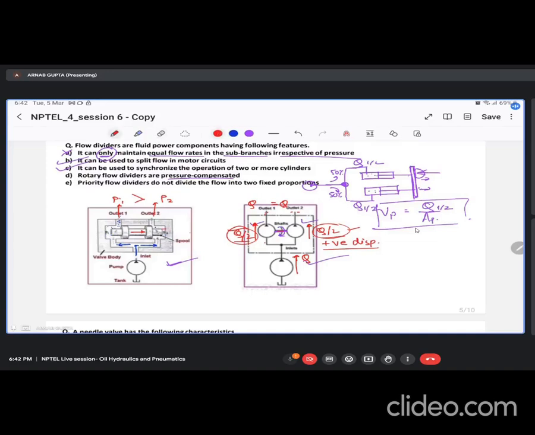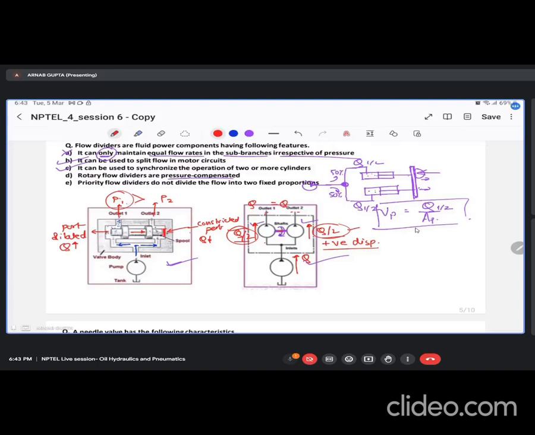If this shifts to the right, this particular throat or port will get constricted, so Q will reduce, whereas this particular port will get dilated. Dilated means its area is increasing, so Q is increasing.